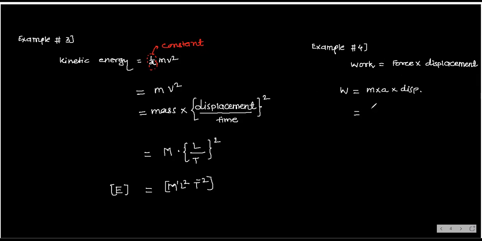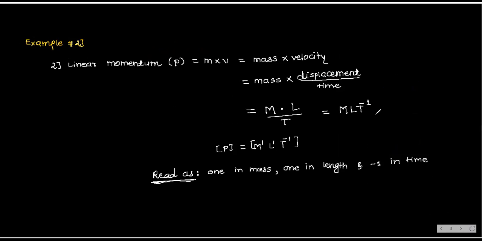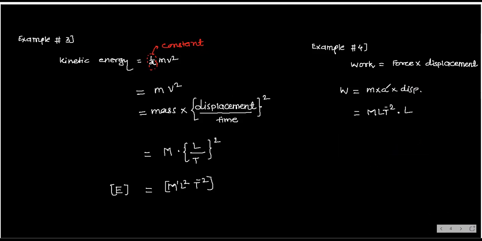This is already the dimensions of force: M L T power minus 2, and displacement is L, because we have already found out here. Just I am substituting there in place of force. So you are getting W is equal to what? M L square T power minus 2. This L and this L give L square.